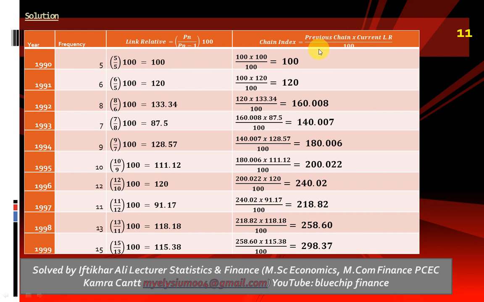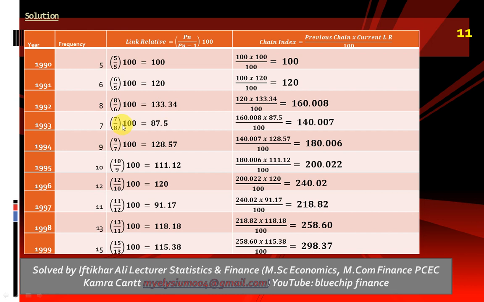We don't have a previous chain in the first year, so we consider the chain index as 100 for the first time period. After that, Pn is 6 and Pn minus 1 is 5, multiplied by 100, gives 120. For 1992, Pn is 8, Pn minus 1 is 6, multiplied by 100 is 133.34.